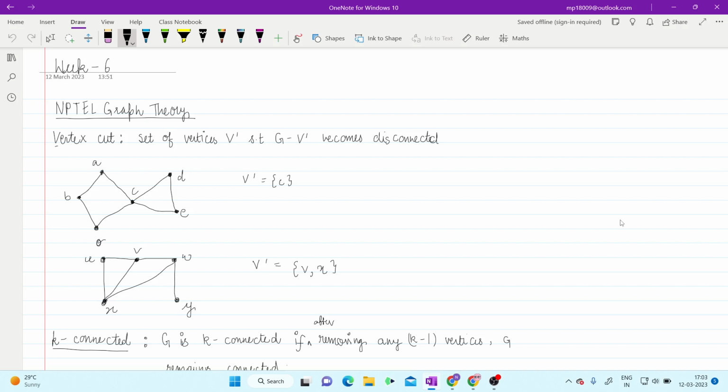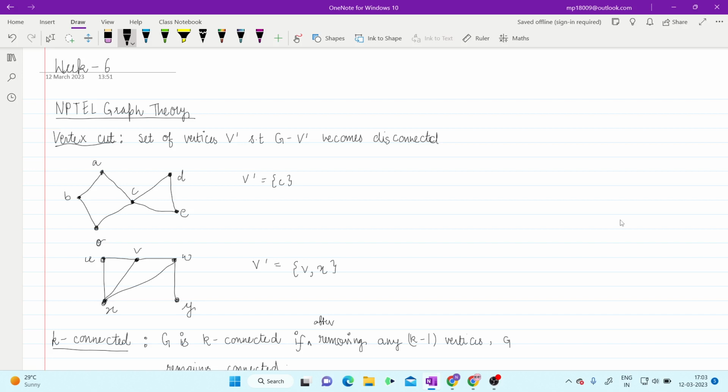First is the definition of vertex cut. So what is a vertex cut? A vertex cut is basically some set of vertices such that when you remove those vertices, your graph becomes disconnected.